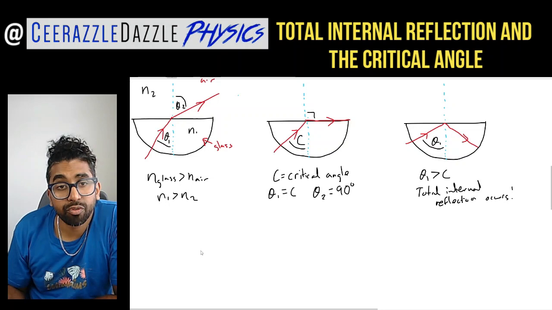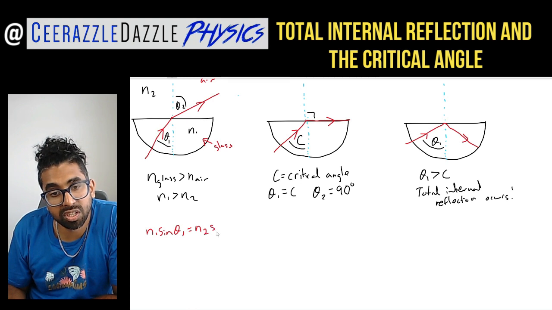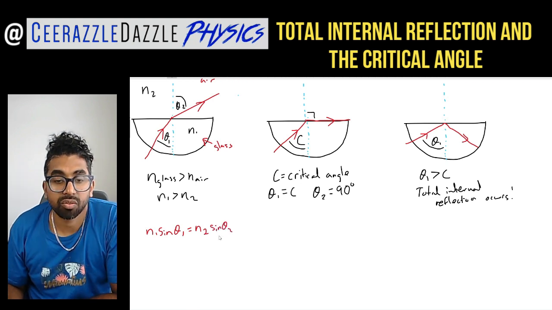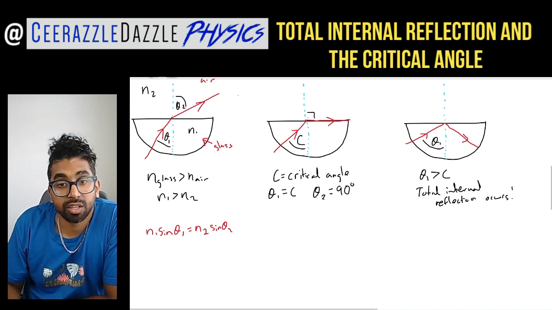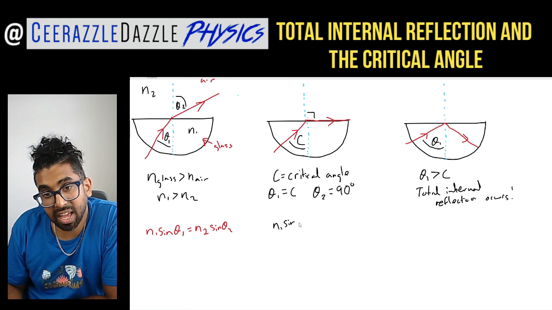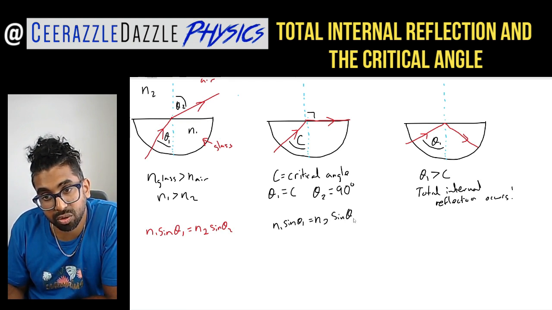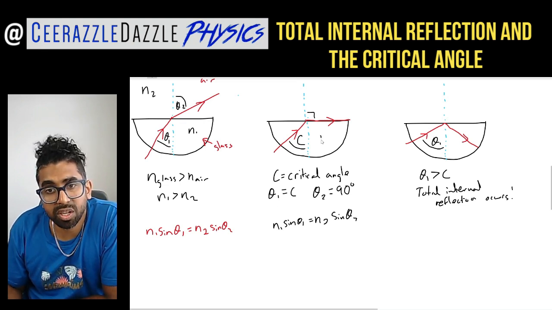Okay, right, so hopefully you remember Snell's law: n1 sine of the angle theta 1 is equal to n2 sine of the angle theta 2. Now we're going to use it for the second diagram over here. Theta 1 is obviously the critical angle in this case. n1 is the first medium, n2 is the second medium.